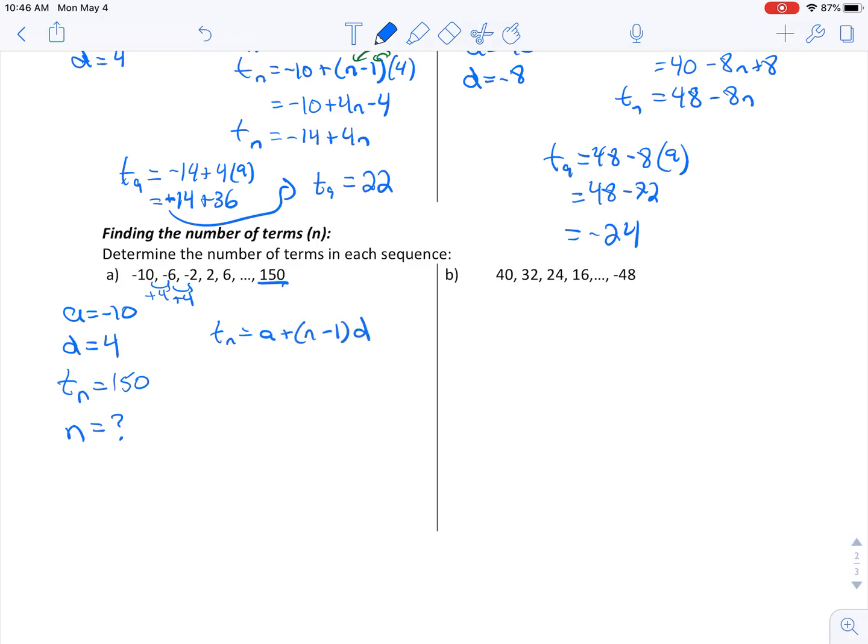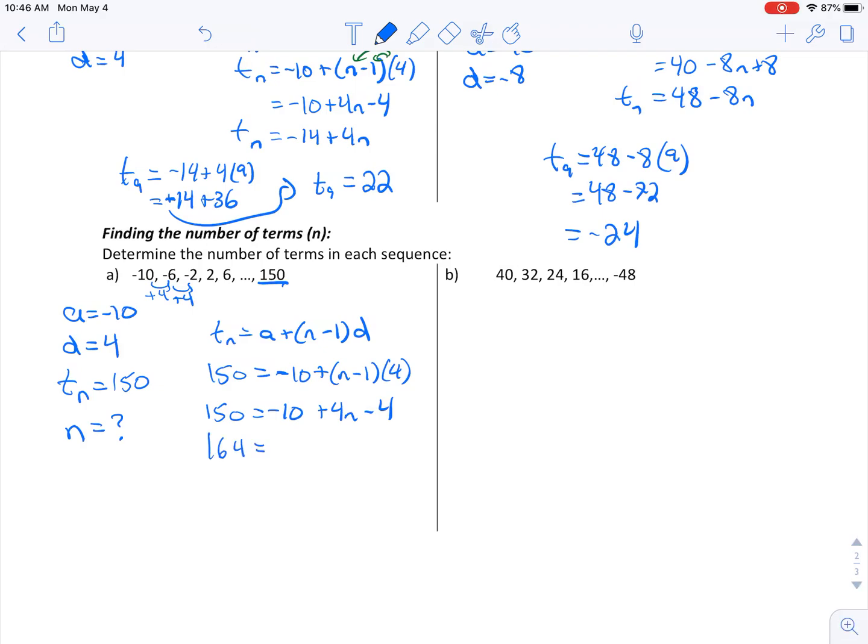So if again, we sub everything in, I'm going to write out the formula just so you see it this one time, and then you put in 150 for T sub n. And we leave n as n because we don't know it, but D is 4.